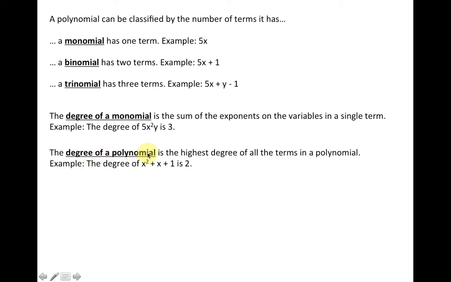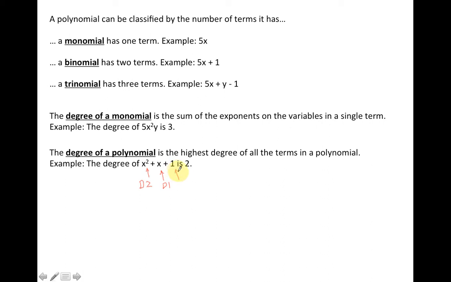The degree of a polynomial is the highest degree of all the terms in a polynomial. For example, the degree of x squared plus x plus 1 is 2. That's because if you take a look at this, term by term, this term has degree 2. This term has degree 1.